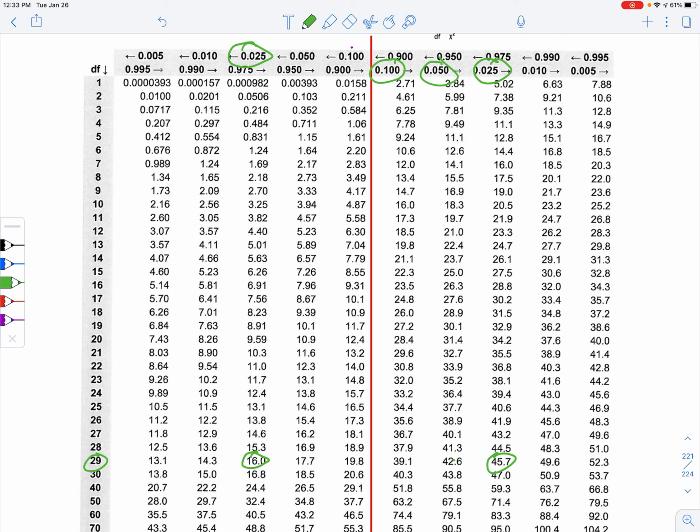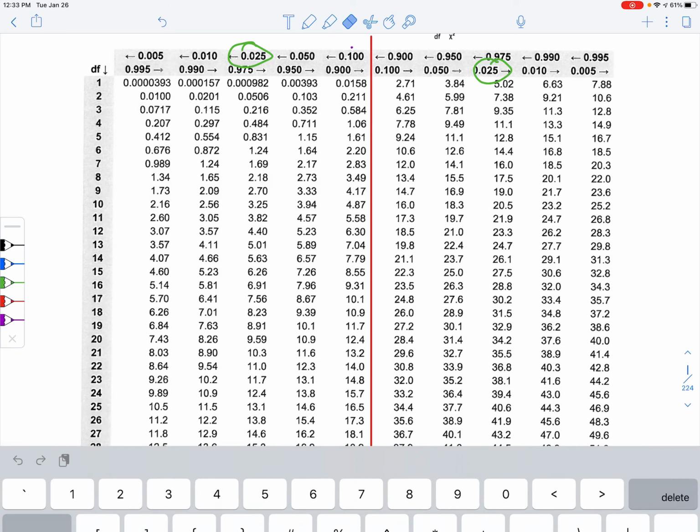Just going to check my notes here and make sure that I got those right numbers there. Okay, and so that's how we do that. So 16 and 45.7.